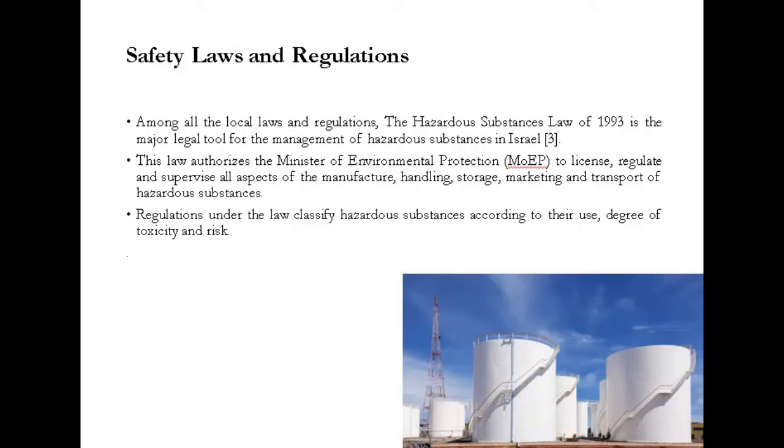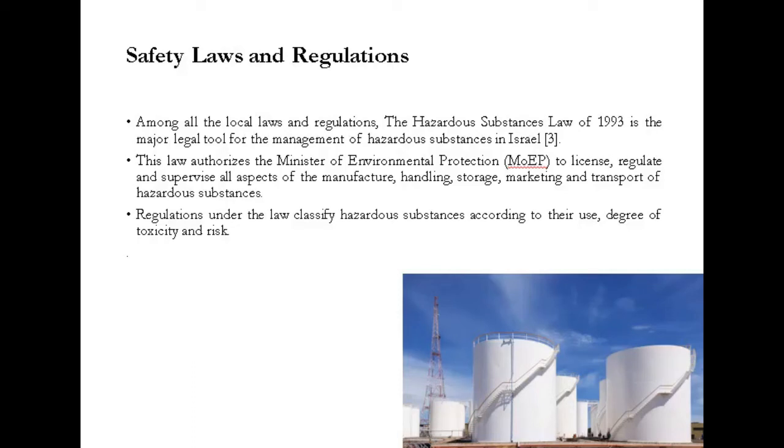This law authorizes the MOEP to license, regulate, and supervise all aspects of the manufacture, handling, storage, marketing, and transport of hazardous substances. All the regulations under the law classify hazardous substances according to their use, degree of toxicity, and risk.